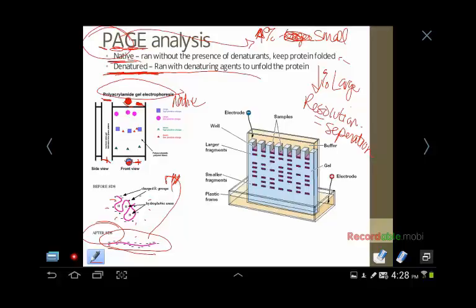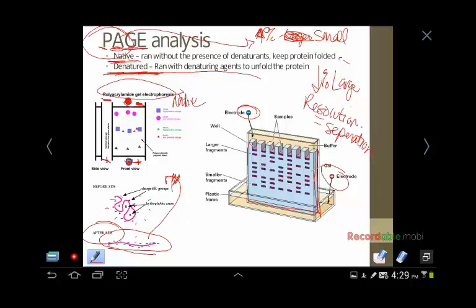So, again, remember we have our negatively charged electrode and our positively charged electrode, and then here is your polyacrylamide gel. This has your polyacrylamide polymer in there that the proteins have to wiggle around and get around and go through.